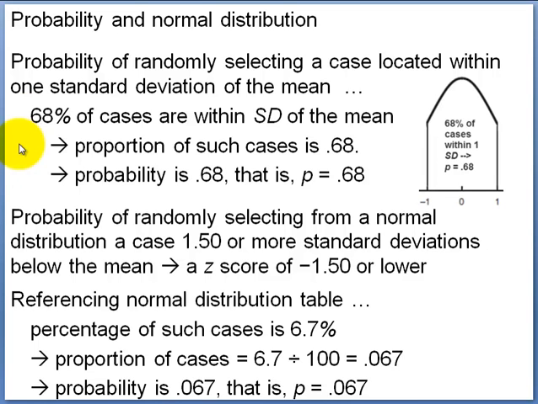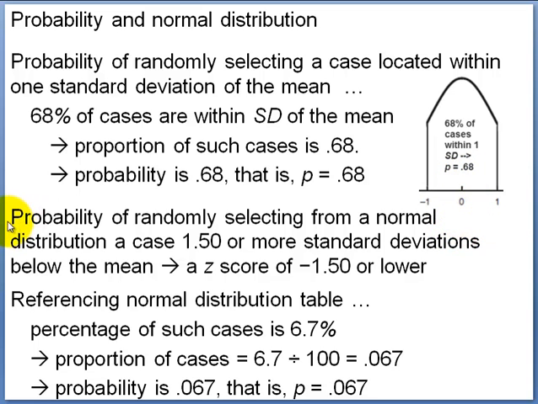So the proportion of such cases is 0.68. Probability and proportion are one and the same. So the probability of selecting at random a case located within 1 standard deviation equals 0.68, or expressed with our symbol for probability, P equals 0.68. And here's a visual presentation of our calculation and work.